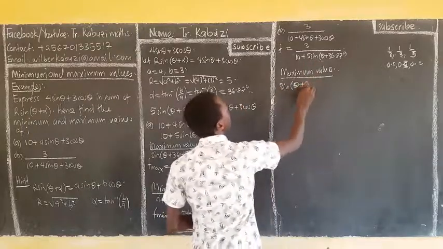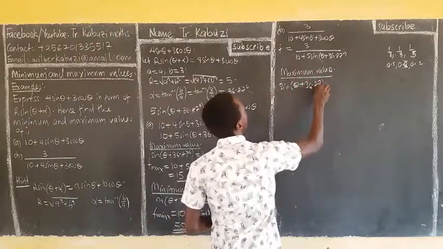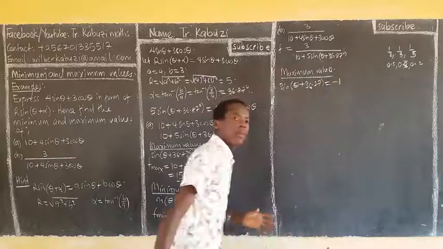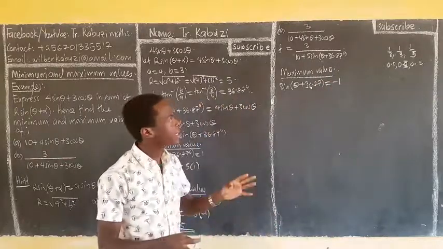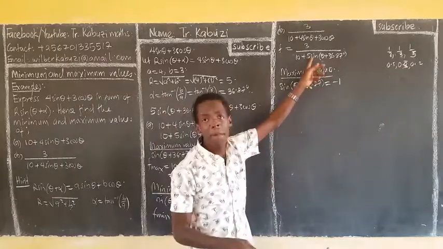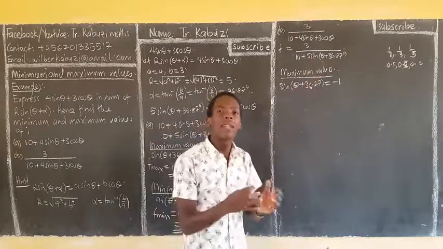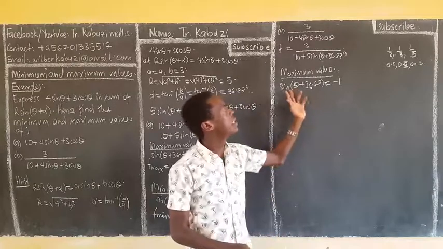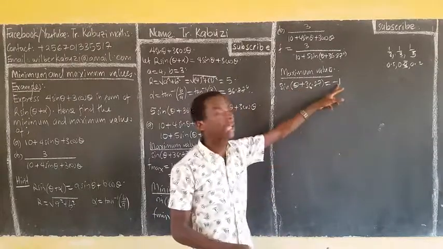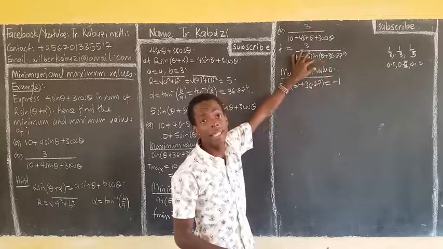So my sine of theta plus 36.87 should be negative 1. There we are using just common sense: if you want this to be maximum, you make sure that your denominator is small. So here we put in the minimum value because it will make this smaller.